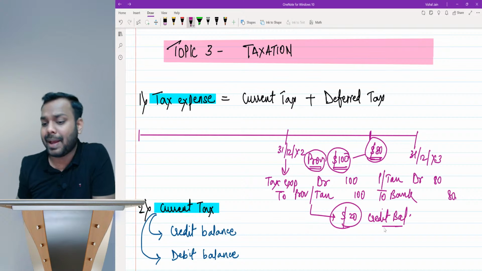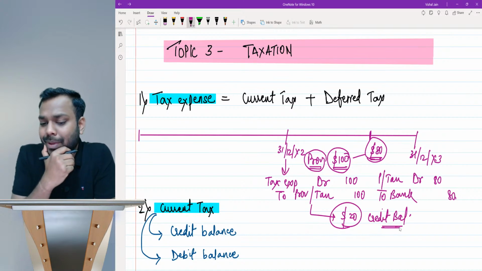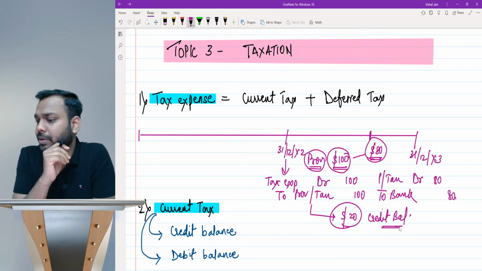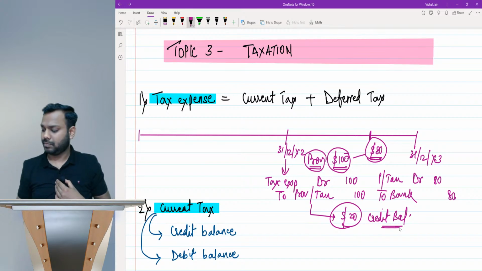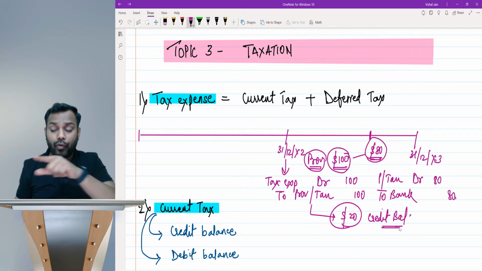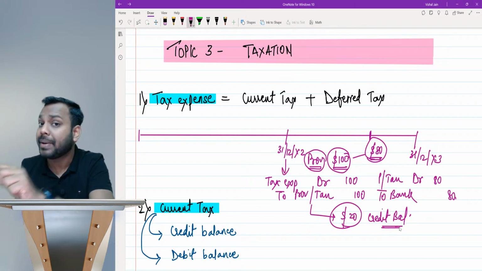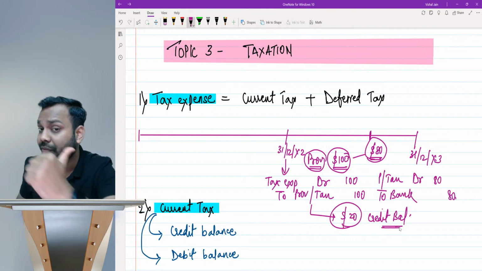Can I say this is a credit balance? Please confirm, guys. Over provision, yes, Manav. Over provision in the previous year, right?